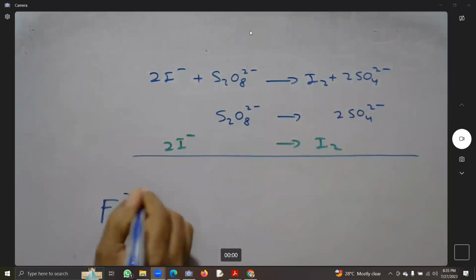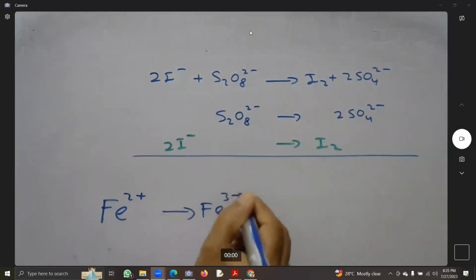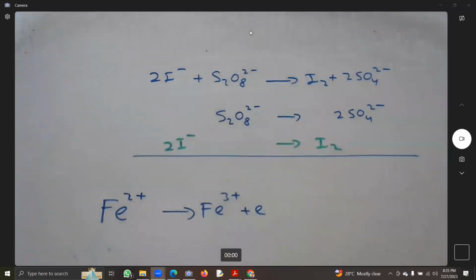If Fe2 plus goes to Fe3 plus, you need one electron there. On this one, I can couple it and put it there. So we'll do it now. If you do it the A level way, it will take some time. I'll show the A level way and I'll show the shortcut here. We can't always do the A level way because it consumes time, but I'll show the A level way.